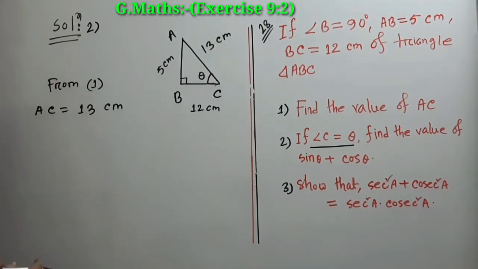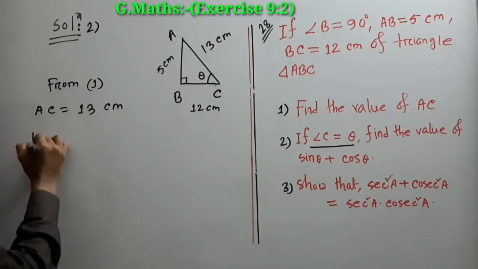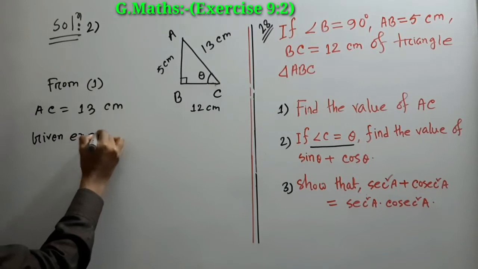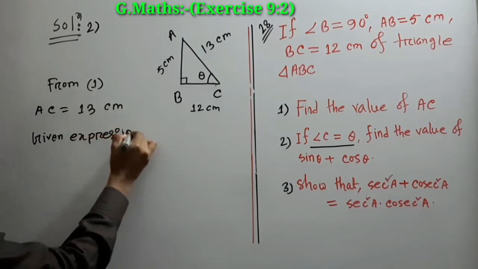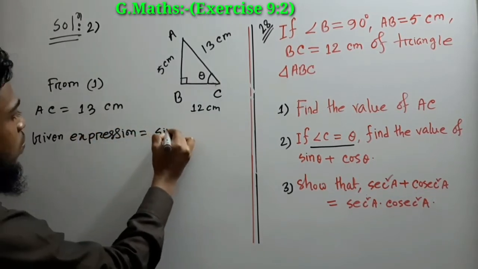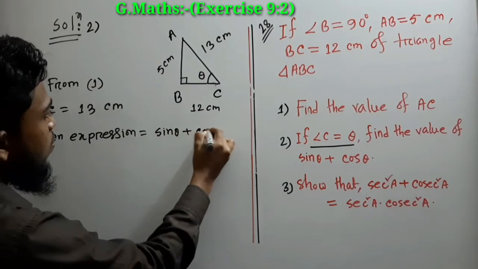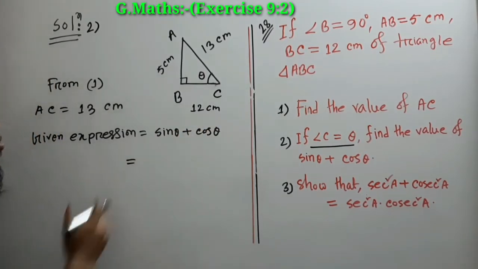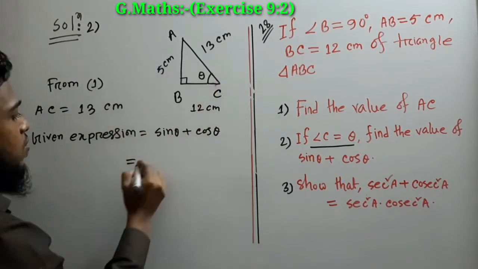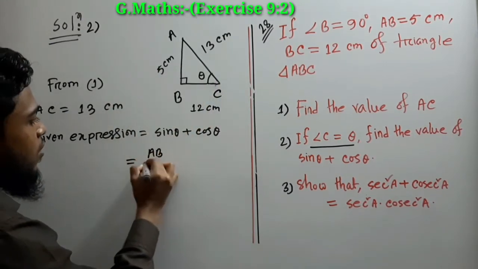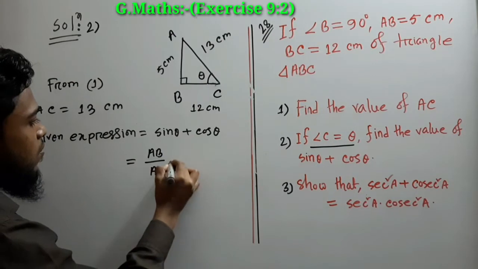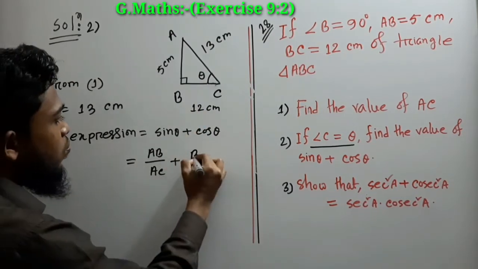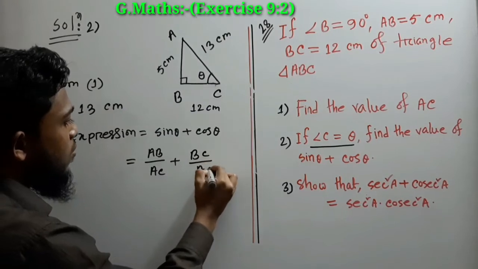So our given expression equals sin theta plus cos theta. So sin theta equals opposite side by hypotenuse. Opposite side AB, hypotenuse AC. Cos theta equals base by hypotenuse. So BC divided by AC.